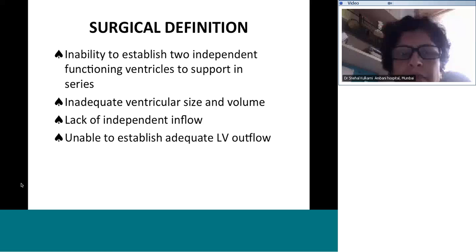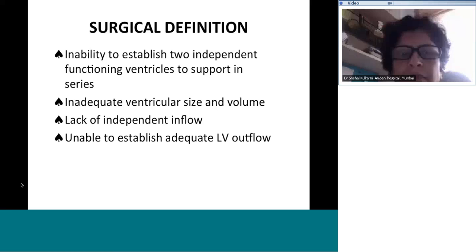If the z-scores are usually less than -2, or in some situations, especially for the tricuspid valve, less than -4, we say that the inflows are inadequate. As I told you, inflows determine the ventricular size: tricuspid valve inflow determines the right ventricular size, and mitral valve inflow determines the left ventricular size.